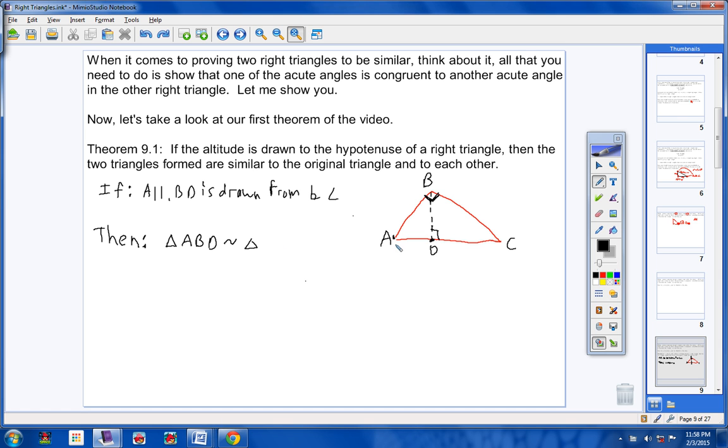So if A comes first in this triangle right here, then angle B has to come first in this triangle right here. So this angle here is congruent to this angle here. Got it? This angle here is congruent to this angle down here.